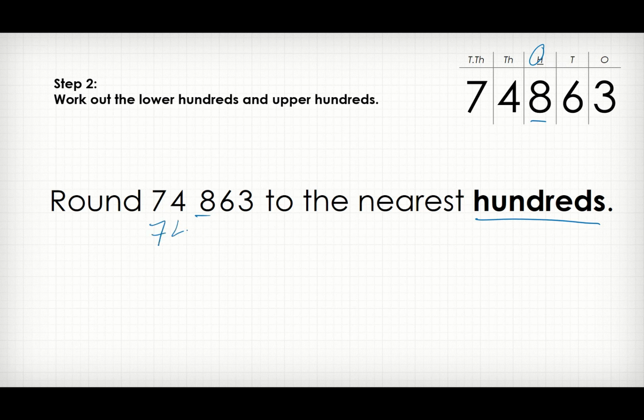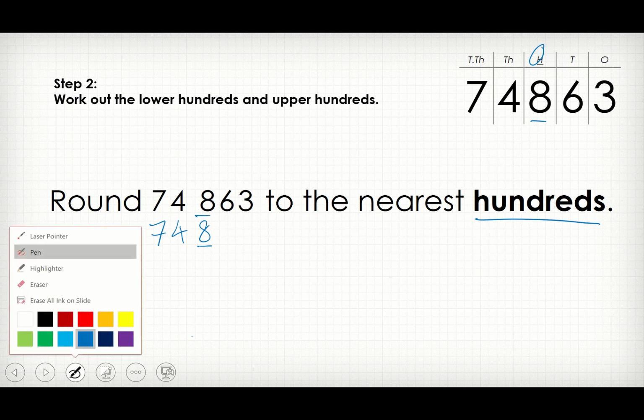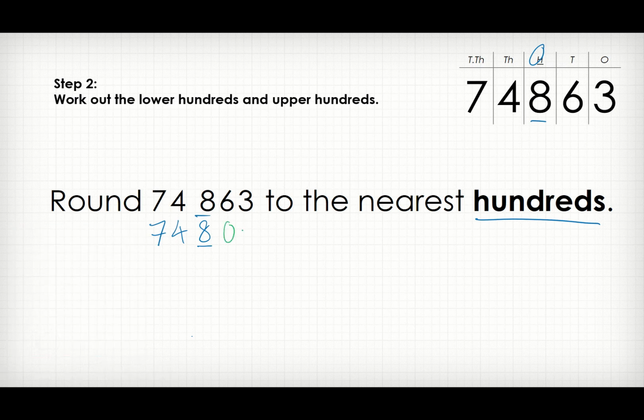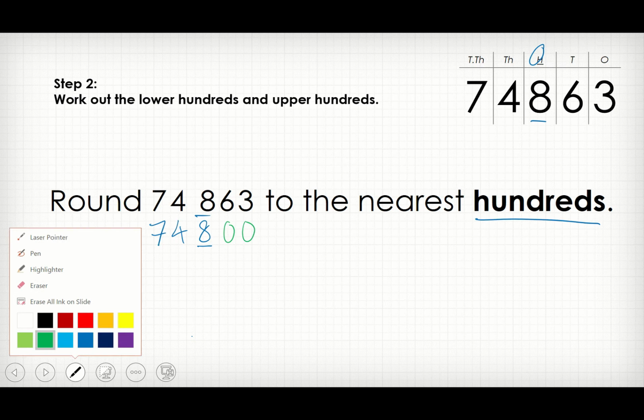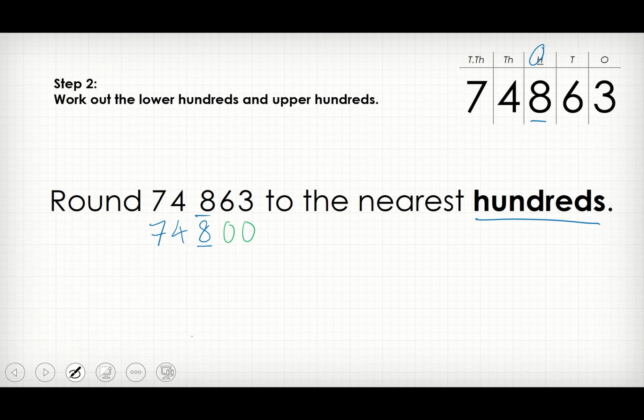For lower hundreds, keep the digits on the left and replace the digits on the right with zeros. To find the upper hundreds, add 100 to the lower hundreds, and that would easily give us 74,900.